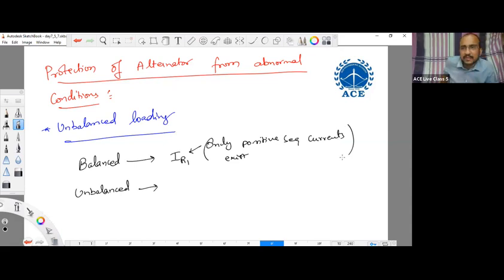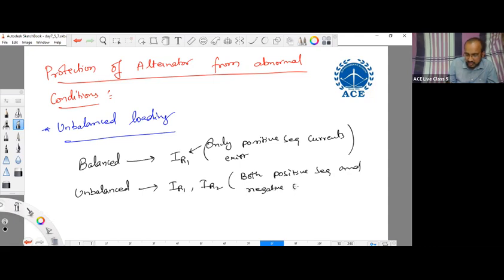Whenever the loading becomes unbalanced, there will be both positive sequence currents and negative sequence currents.